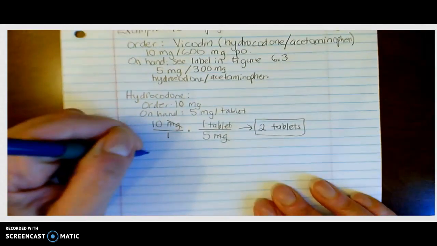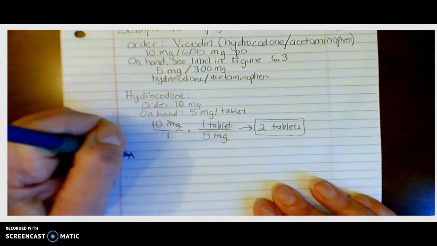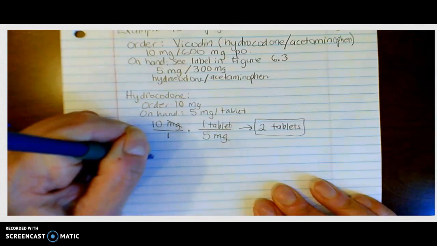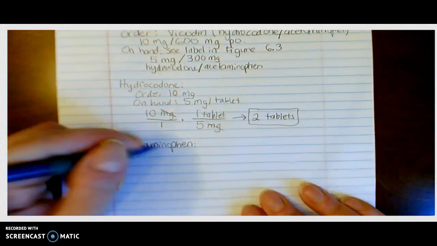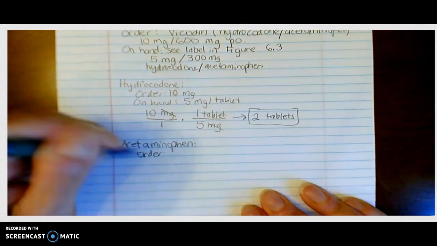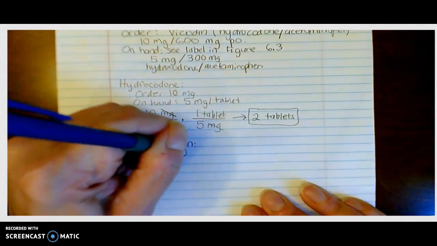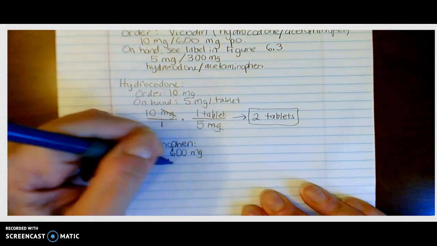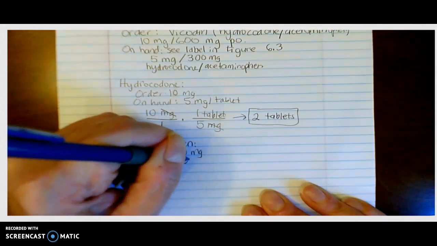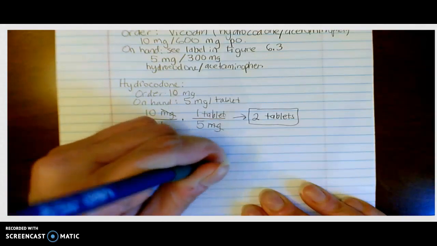Let's do the same calculations for the acetaminophen. Now the order is for 600 milligrams of acetaminophen, and on hand is 300 milligrams per tablet.